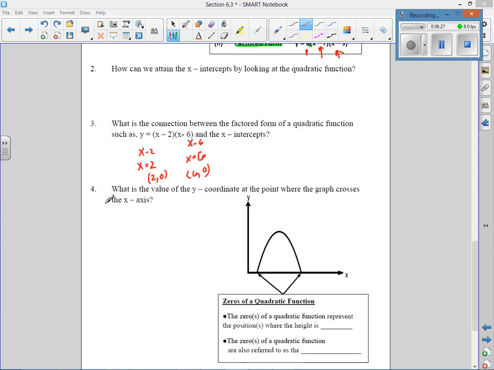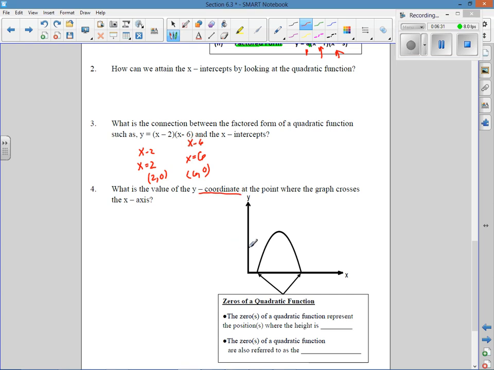Okay, the last question, what's the value of the y coordinate at the point where the graph crosses the x-axis? Well, think of it like this. It could be 10, could be 5, down here on the y-axis, the value, or on the x-axis, the value is 0. So the zeros of a quadratic function represent the position where the height is 0.